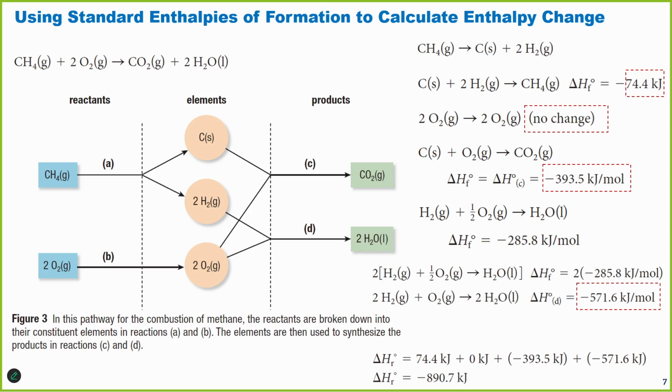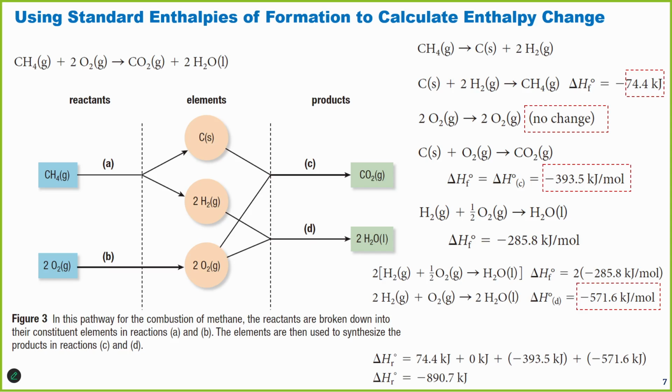In this pathway for the combustion of methane, the reactants are broken down into their constituent elements in reactions A and B. The elements are then used to synthesize the products in reactions C and D. In reactions A and B of the pathway shown here in Figure 3, the reactants are decomposed into their elements.